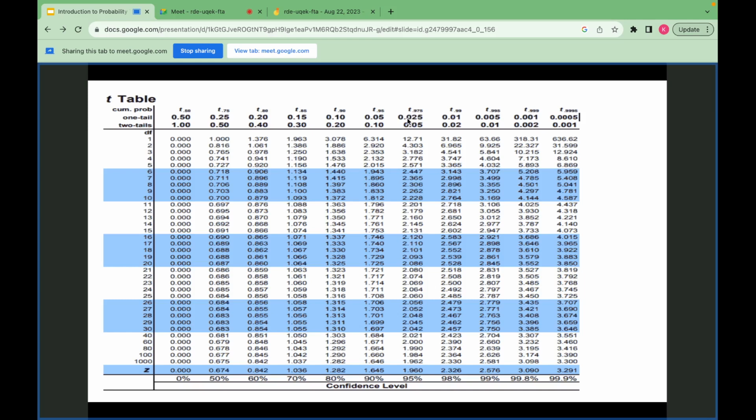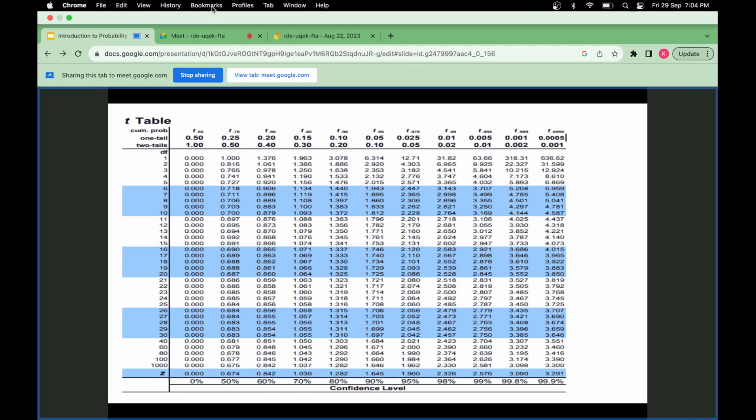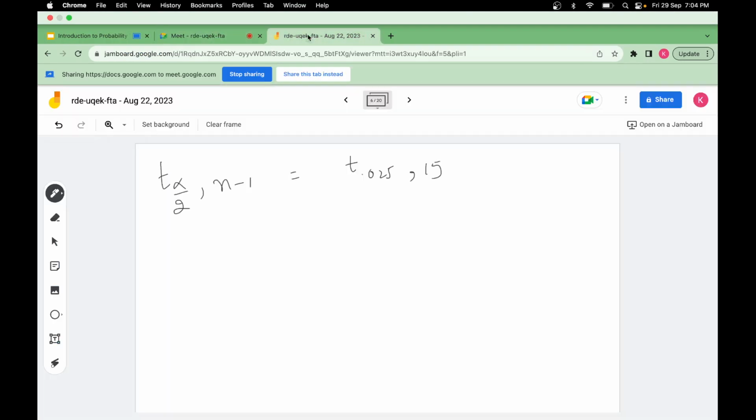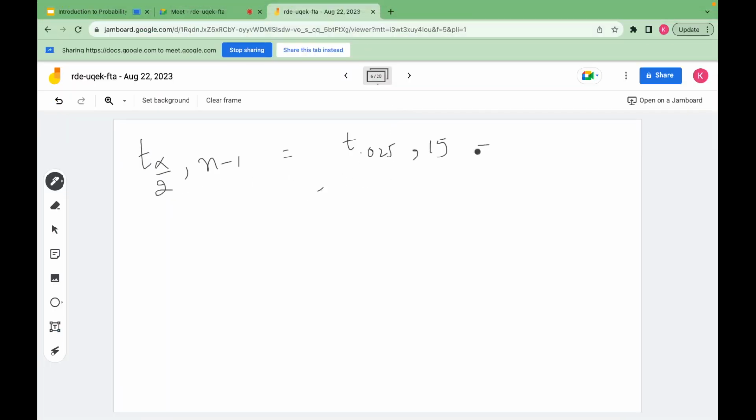For t 0.025 with 15 degrees of freedom, we get the value 2.131. So this value is 2.131.